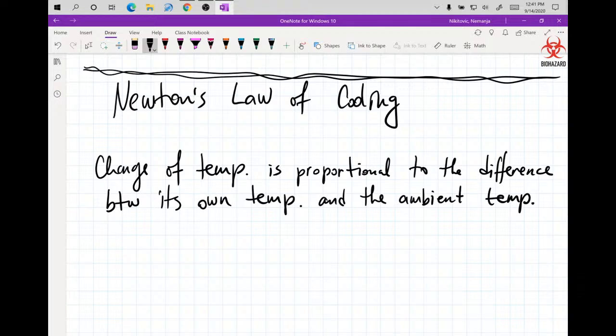So this is observed in nature, written as a sentence, and then it's our job to convert it to a mathematical equation, which is a differential equation in this case, and solve it to get a formula which we can use to compute these temperatures. So when you think about this, is this a sane statement to claim?